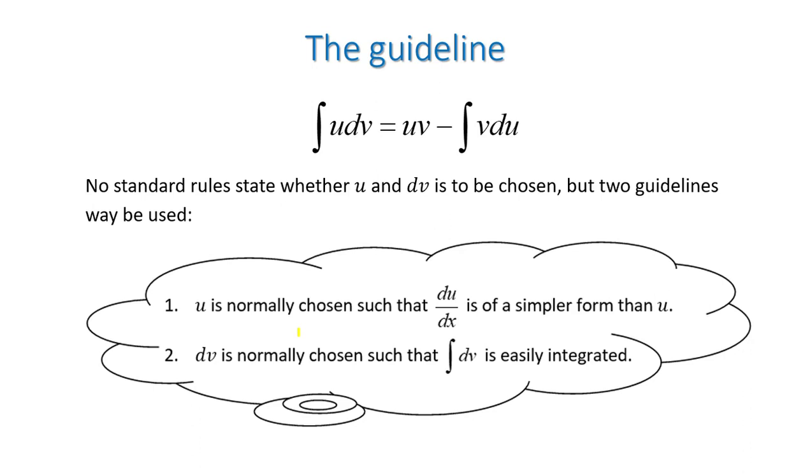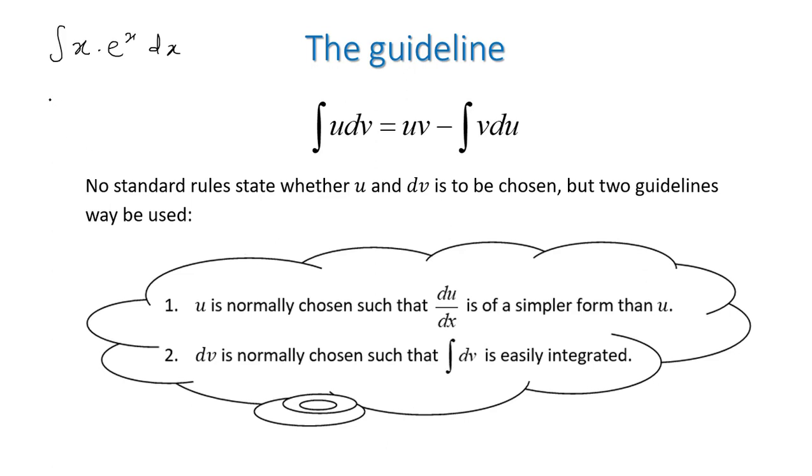The first guideline is that u is normally chosen such that du over dx is of a simpler form than u. For example, if we have the question integrate of x times exponent of x dx, what does the first guideline mean?